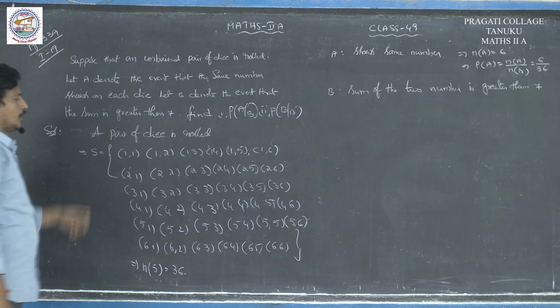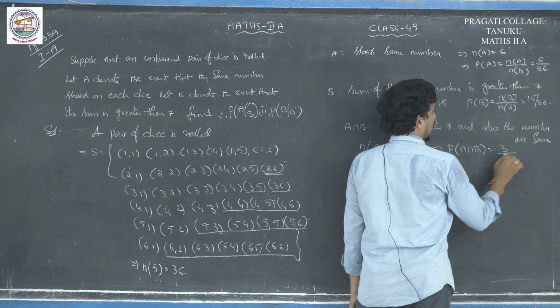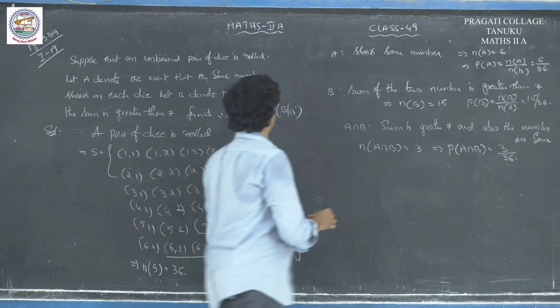Implies n of A intersection B is equal to, here the two numbers are the same and the sum is greater than 7: they are 4 4, 5 5, 6 6. These three are the same and also greater than 7. So the possibilities are 3. Implies P of A intersection B is equal to n of A intersection B by n of S. What is the first part? P of A given B.